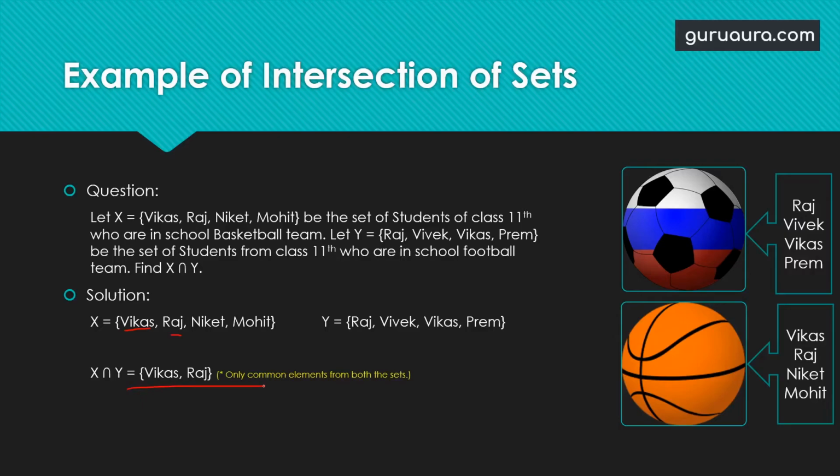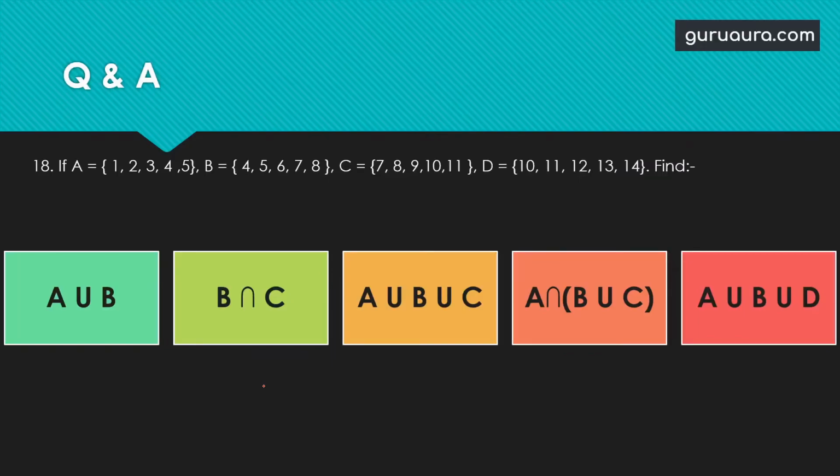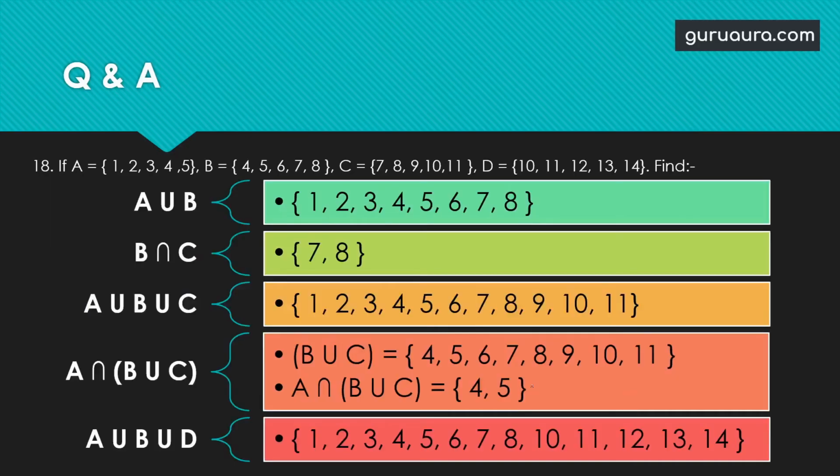Now let's discuss a question related to union and intersection of sets. Here we have four sets A, B, C and D, and we need to find the answers based on the following operations on these sets. Let's discuss the answers.